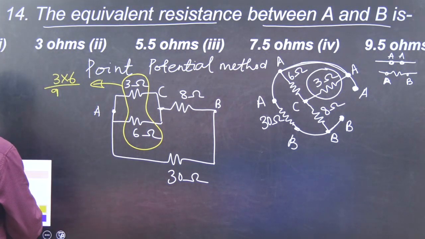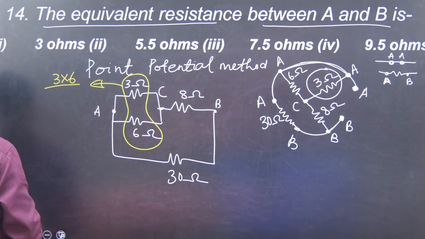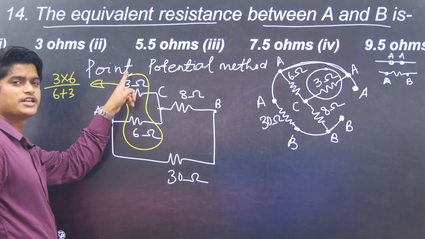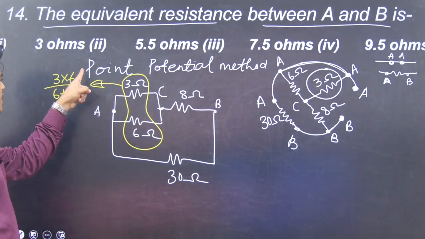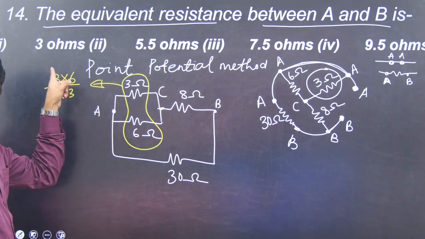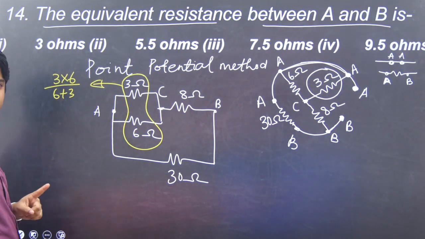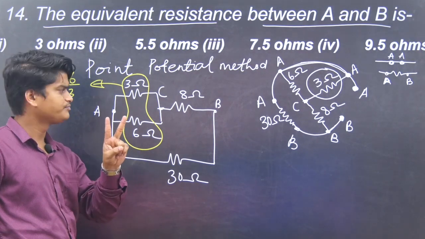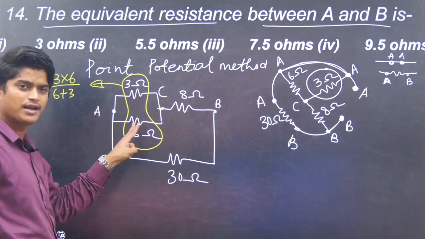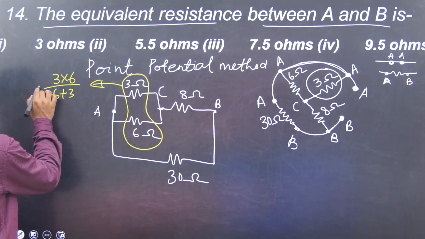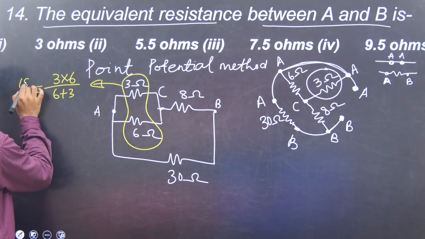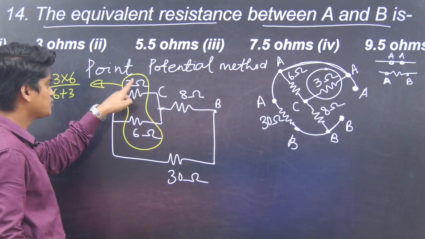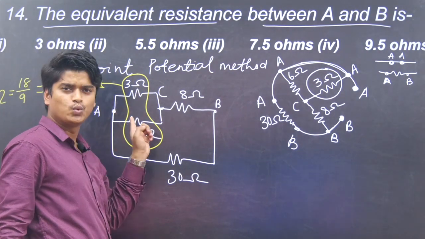If two resistors are in parallel, multiply 3 into 6 divided by 3 plus 6. Whenever two resistors are in parallel connection, you can use this formula directly. 6 into 3 is 18, 6 plus 3 is 9, so the answer will come 2. So instead of this it is coming 2.